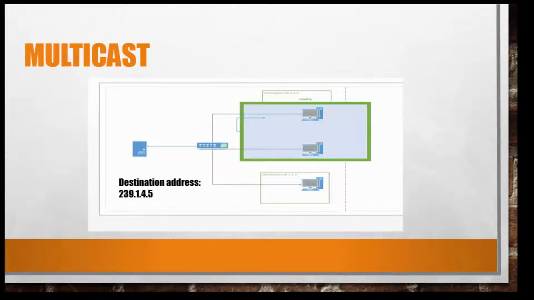So you're going to choose a class D address, for example 239.1.4.5, that represents a multicast group, the marketing group, where all the people in this group are going to be the ones that get that multicast.